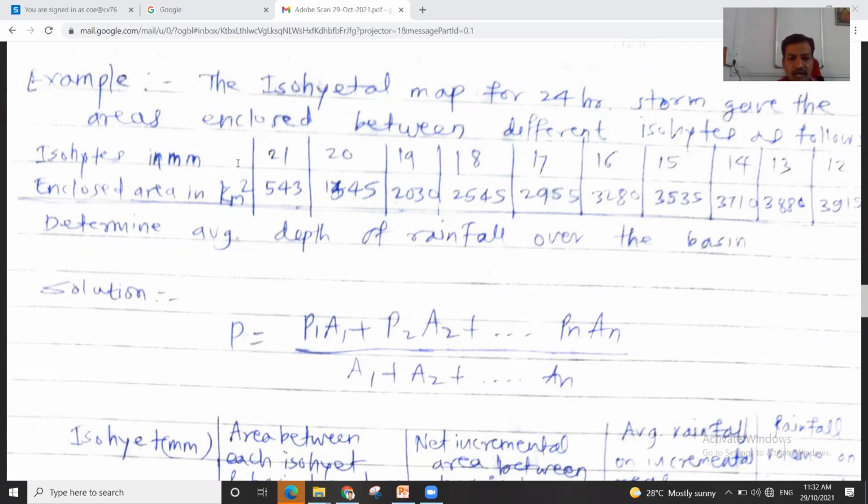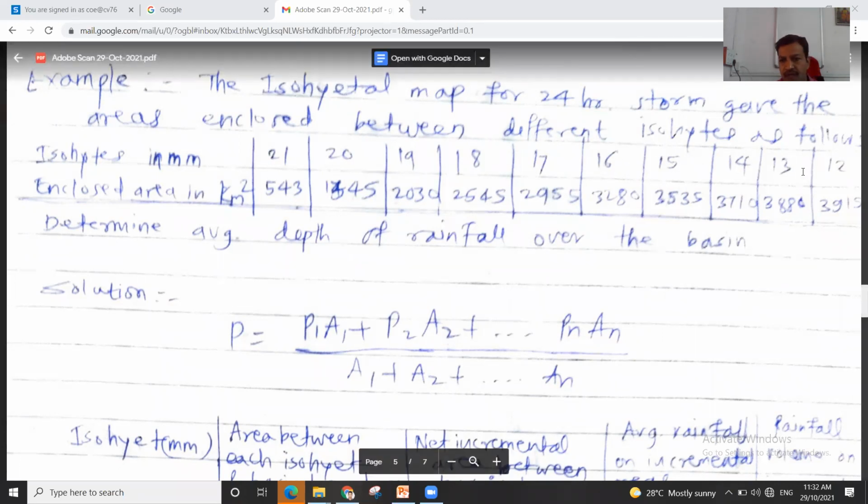The values of isoids are 21, 20, 19, 18, 17, 16, 15, 14, 13, 12. Problem लिहून घ्या सगळ्यांनी. Isoidal map for 24-hour storm gives the areas enclosed between different isoids that is given in this table. The isoids in mm is given.